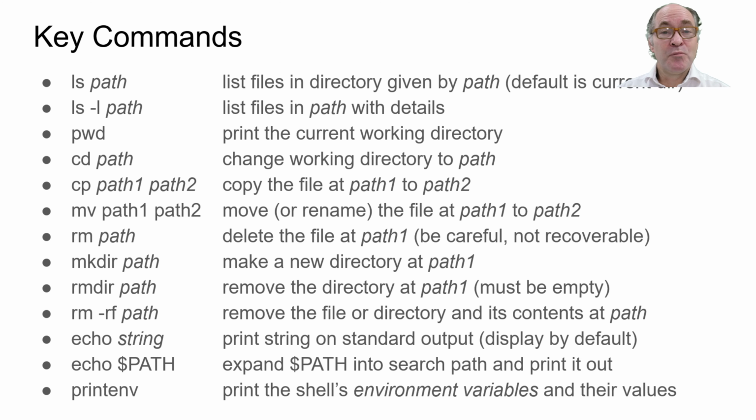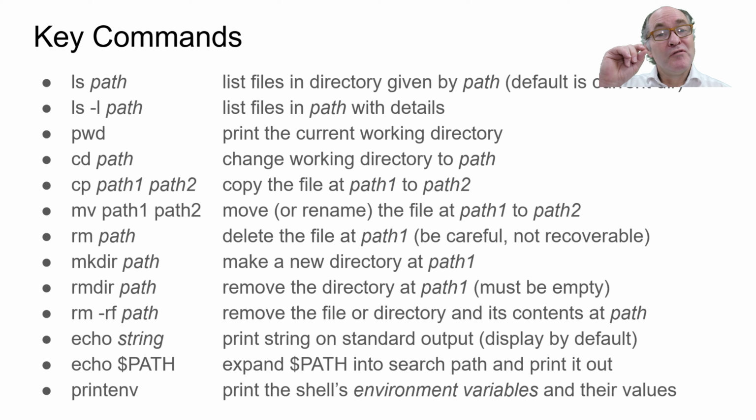So if I wanted, for example, to move the foo file in my current directory to live in the directory one level up, I could say, well, what? mv space foo space, and how do I talk about that directory one level up from where I am? Dot dot. So mv foo dot dot would move that file without renaming it up one level.